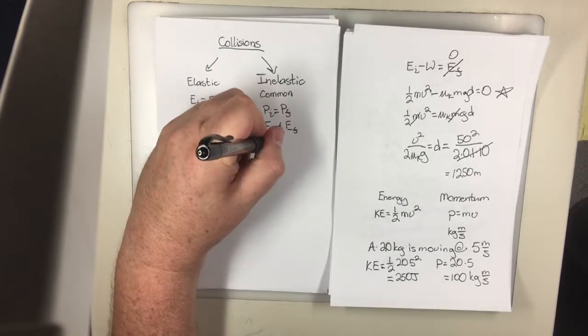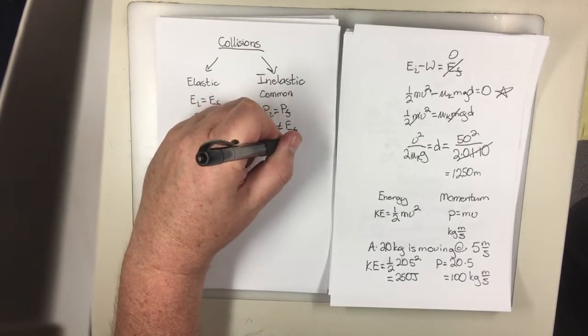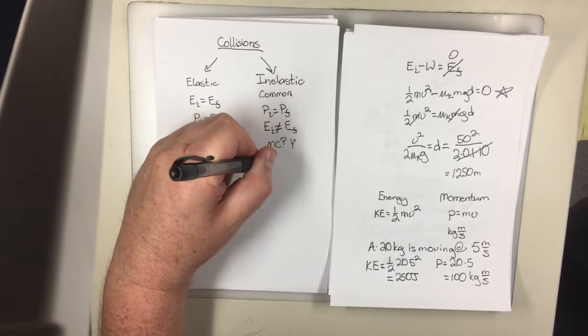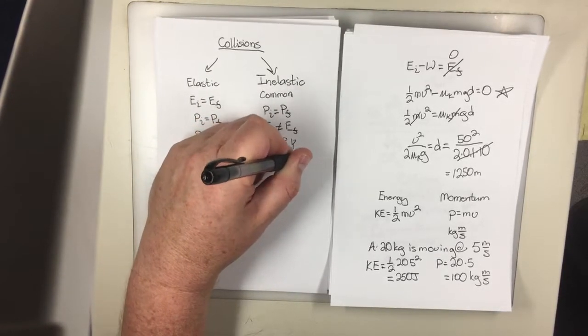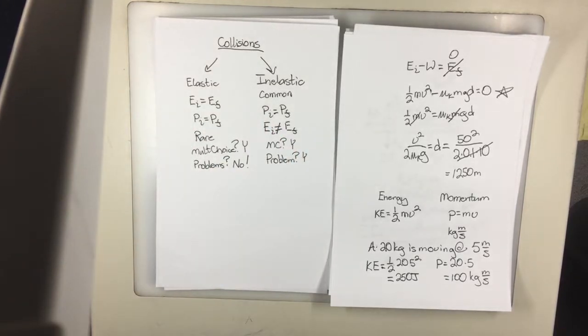And so would you get it on a multiple choice? Yes. Will you get a problem on it? Certainly. Now it may be that, I haven't even thought about test 2 yet, but an inelastic collision problem is very legit.